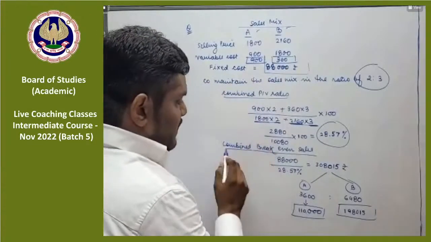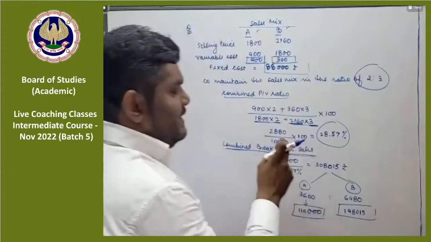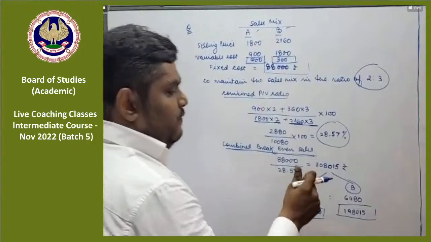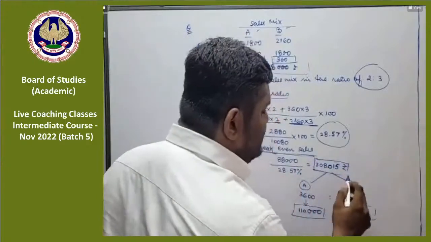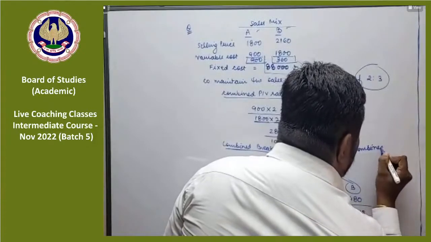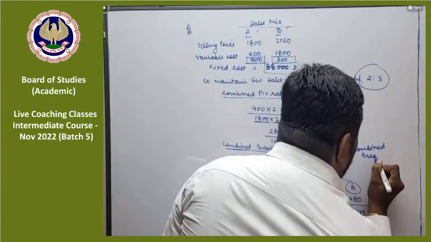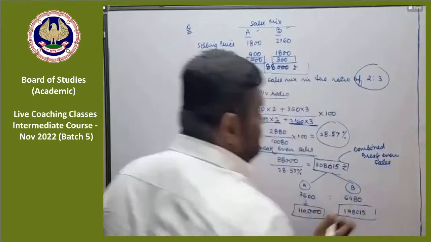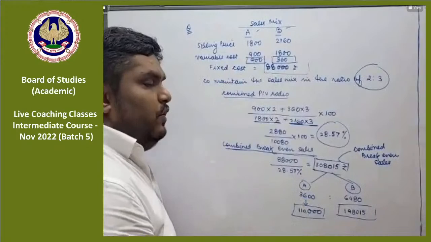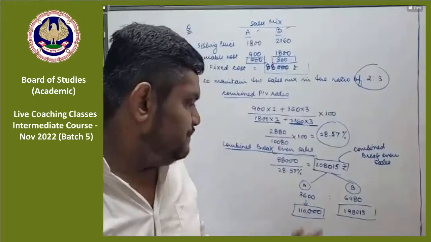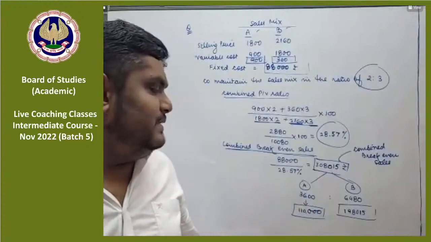So when talking about the combined break-even sales, it is combined fixed cost divided by combined PV ratio. We will get the combined break-even sales. When talking about the calculation of individual break-even sales, very simple, guys.